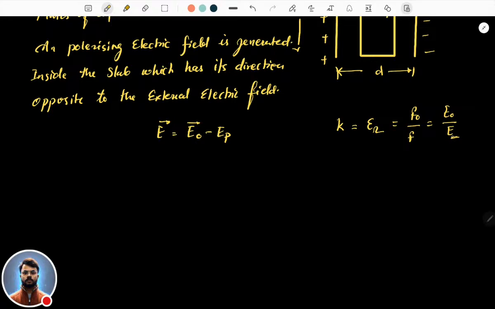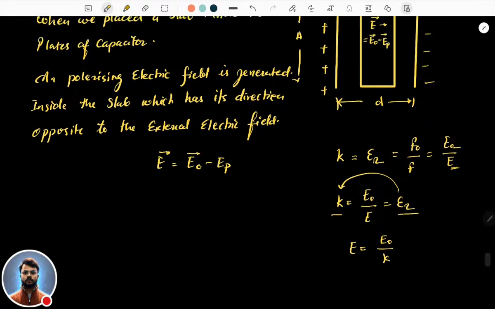E is with the dielectric medium, and E naught is with no medium. So K is equal to E naught over E, and we can write this as ER also. ER and K are the same thing. This is called dielectric constant and relative permittivity, both have the same values. So we can find the value of E: E is equal to E naught over K.